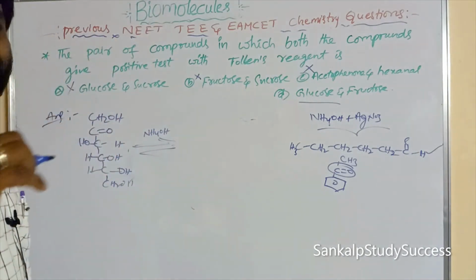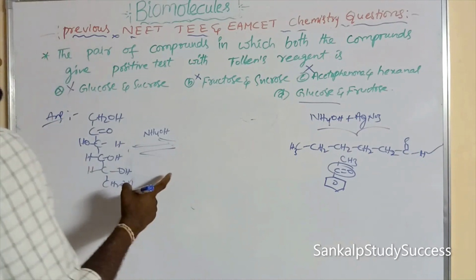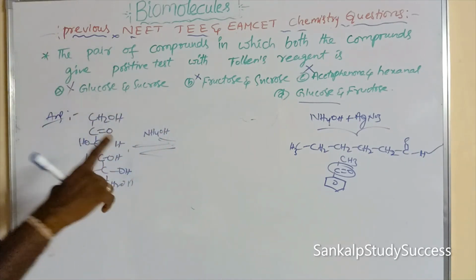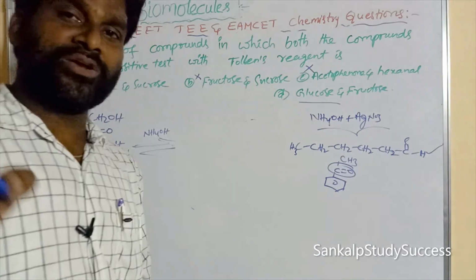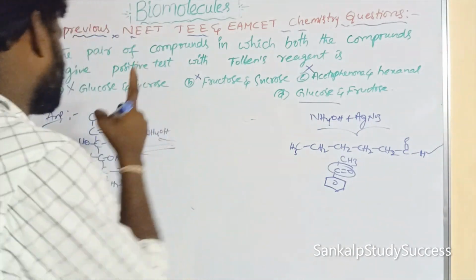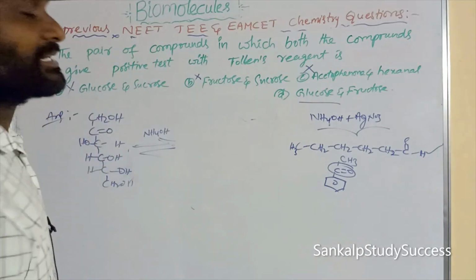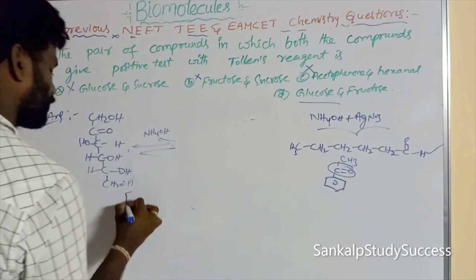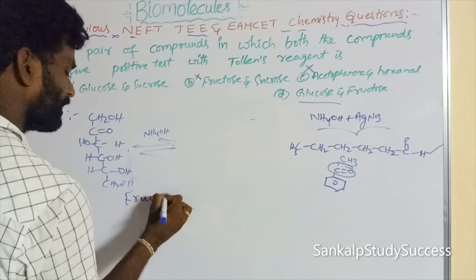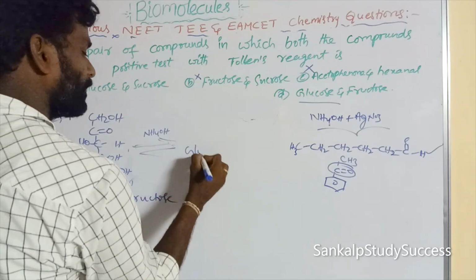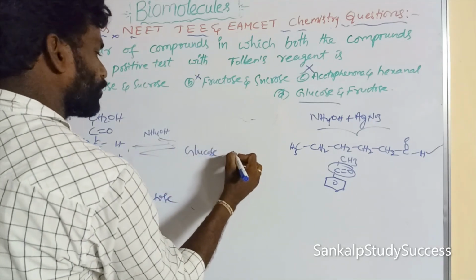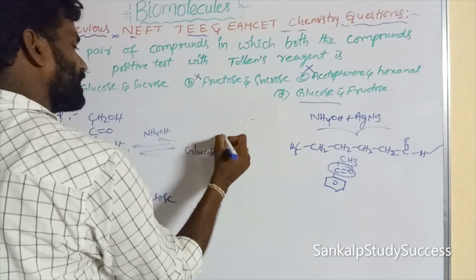We know the Lobry de Bruyn van Ekenstein rearrangement. That means glucose, fructose or mannose, any one reacted with base, undergoes reversible isomerism. Fructose gives a mixture of glucose and mannose.